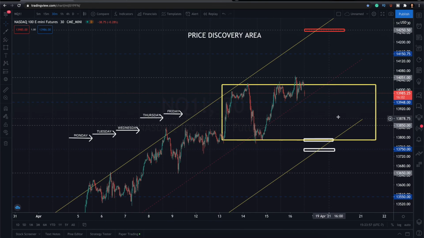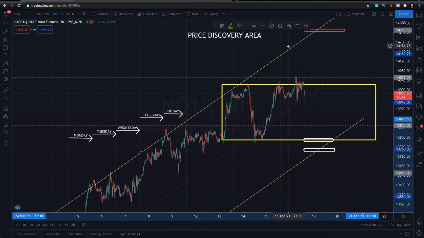And this is something I want to show you as well. If I take this leg right here and I do a measured move, I'm going to come exactly to one of my levels, but I am not, as I said, going to use this level for any profit taking because I want to see a retest and I want to hold my positions for more gains and a potential retest of the upper trend line.